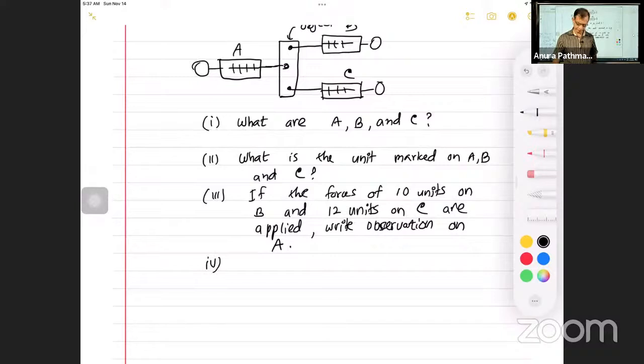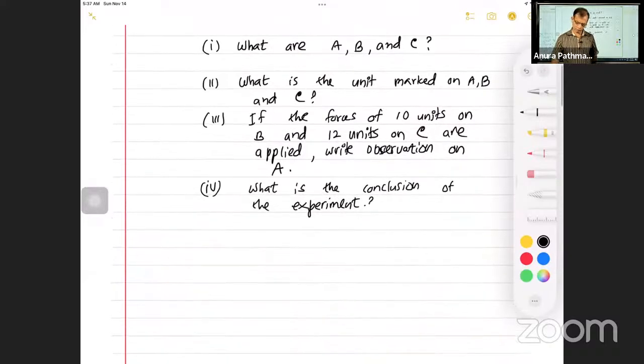Fourth one. What is the conclusion of the experiment? 5.